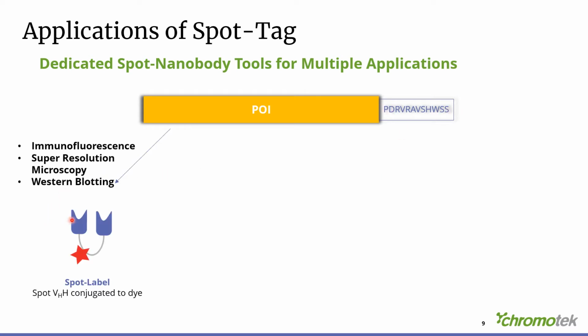Now, for immunofluorescence, super resolution microscopy, and Western blotting, you may want to use the Spot-Label, which is a bivalent format of the Spot-Nanobody that is labeled to a fluorophore. For immunoprecipitation, you may want to use a Spot-Nanobody that is conjugated to an agarose bead, to a magnetic agarose bead, or a Dynabead.